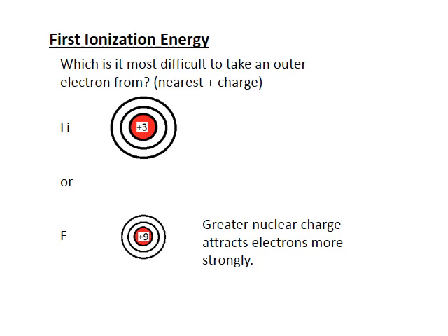And also, I've got a greater nuclear charge, so I'm pulling that electron, and on the other end of that is a positive 9 charge. Here I'm only pulling against a positive 3 charge, so it's going to be much more difficult to pull an electron from a positive 9 charge, especially if it's a small atom like fluorine. So it's very difficult to pull an electron away from fluorine.